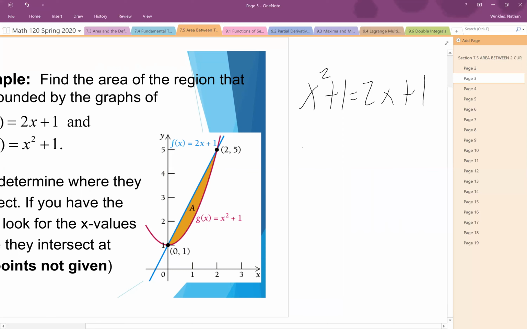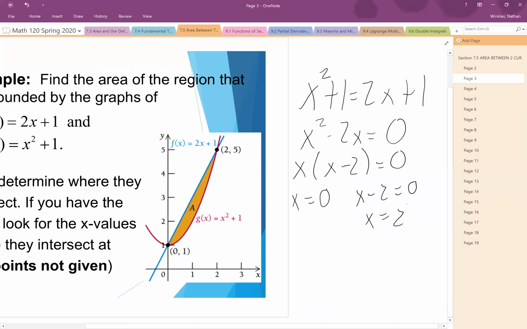Get everything on one side. You get x squared minus 2x equals 0. Factor out an x, so x times x minus 2 equals 0. That gives us x equals 0 and x minus 2 equals 0, so x equals 2. So x equals 0, x equals 2.